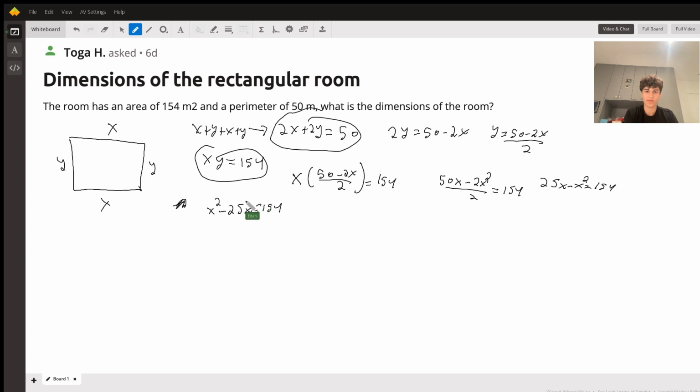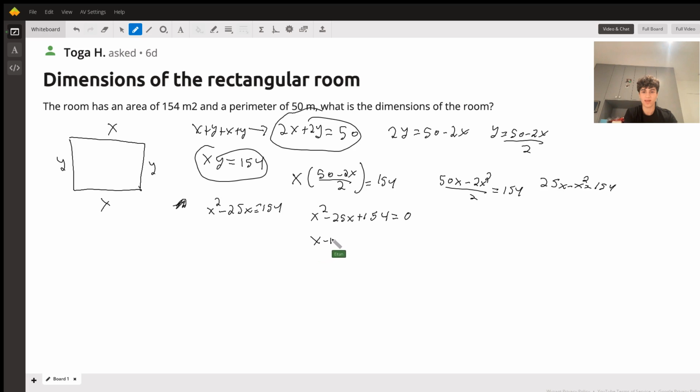We can add 154 to both sides to get rid of that negative, giving us x squared minus 25x plus 154 equals 0. And so now we have a quadratic that we can factor. And luckily this does factor. So the factors are going to be negative 11 and negative 14.